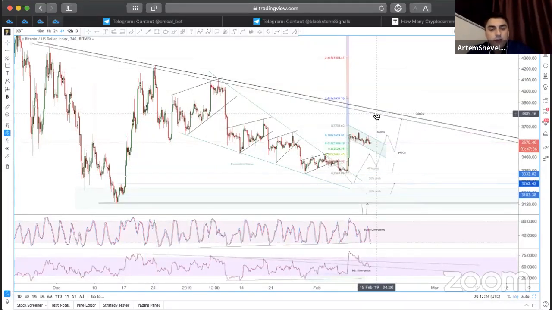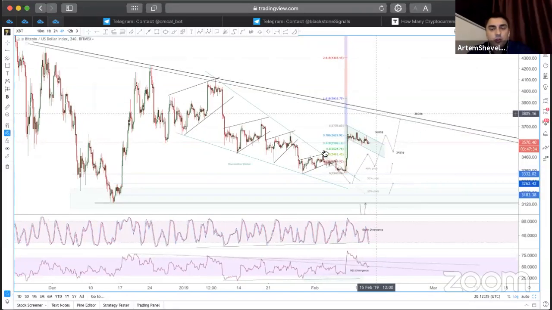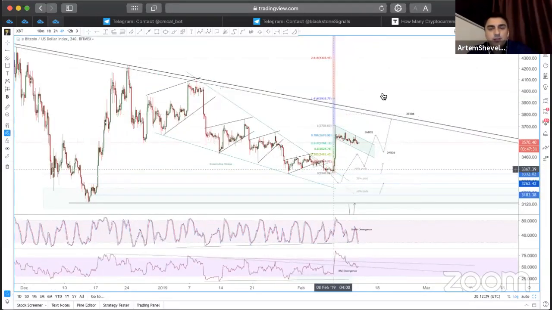All right, we have a breakout like we talked about on previous weeks. Right now the price is moving in something like a flag. But on Bitcoin, we had a lot of such flags, and they were not bullish. They were just bearish, right?